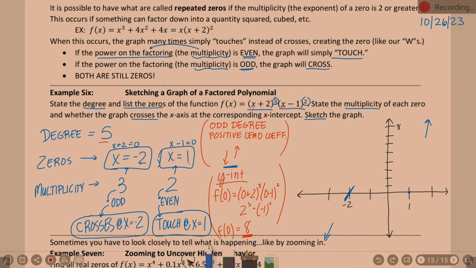Now, it's either going to touch and go back up, or it's going to touch and go back down. In other words, wherever it is, it's going to touch and go that direction. It's not going to actually cross through there. Based on the fact that this is going up here, it's going to have to do a touch like that. And what else do we know? We had a y-intercept at 8, so I know my graph has to cross here. Are you putting all these pieces together? Okay. I guess the one thing I forgot about, okay.